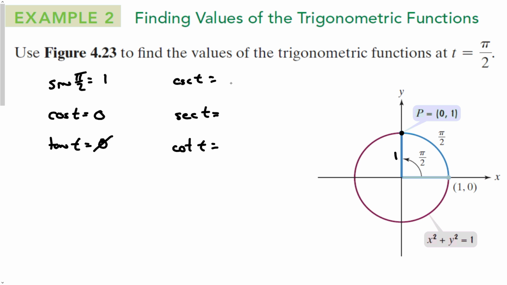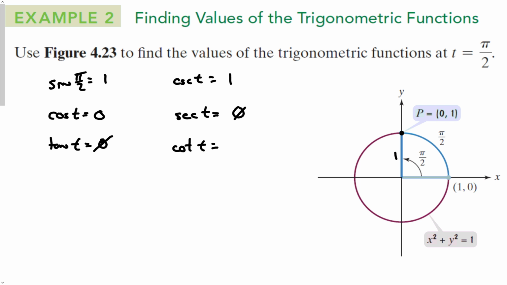The reciprocal of 1 is still 1. The reciprocal of 0 is undefined. Okay, because this is technically 0 over 1. When we flip it, we get 1 over 0. And the same thing here, cotangent, and we can think about secant as 1 over x.